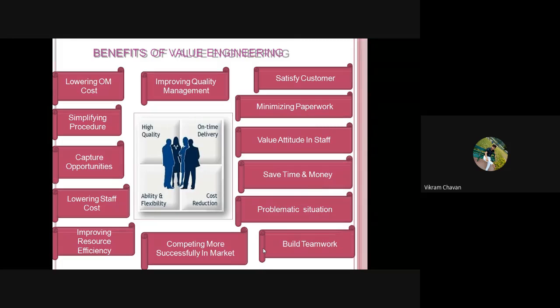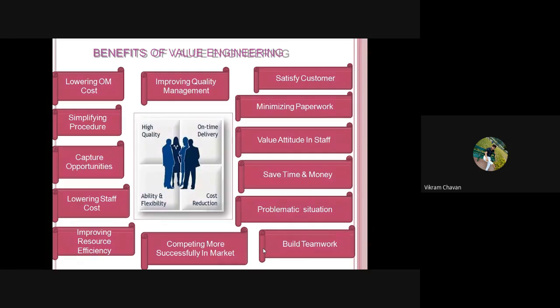So value engineering is nothing but what? When we have to apply the techniques of value analysis or value engineering, the product or the component already exists in the market or in our company, and production is running on a continuous basis.